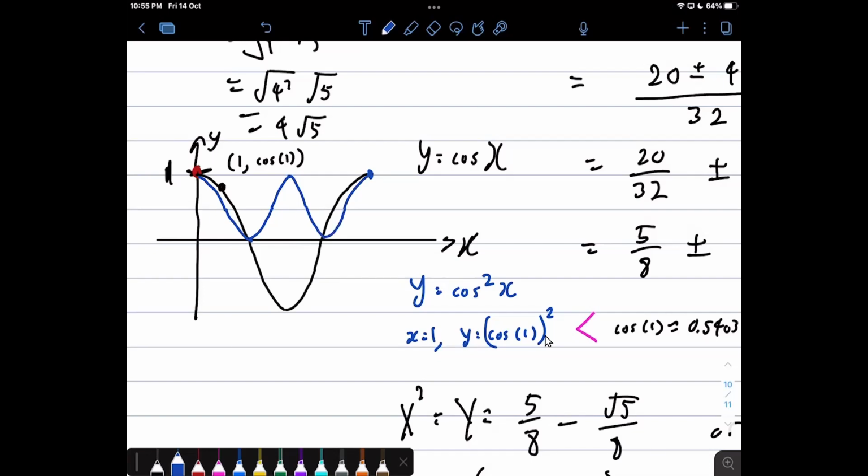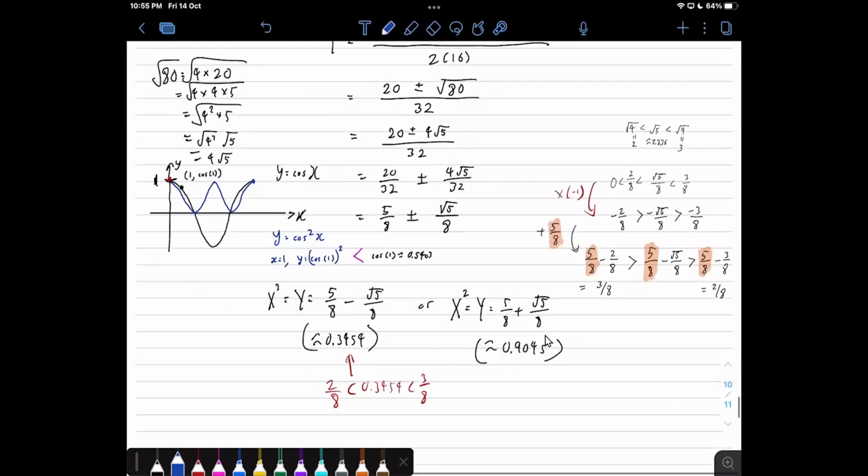The main point here is that the cosine squared value here, at 1 comma cosine squared of 1, will be below cosine 1. And how much below? Not that much. So only a little bit.